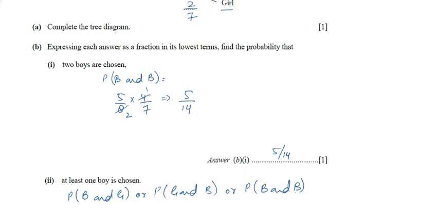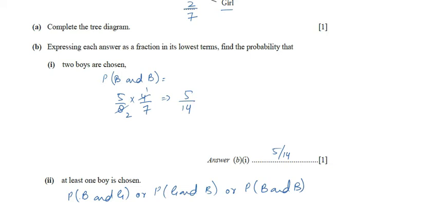At least one boy means minimum one and more than one also. So here we have boy and girl, girl and boy. In these two cases we have at least one boy. And then boy and boy, where we have more than one boy also. If we write all the probabilities here and simplify, we will get the answer.